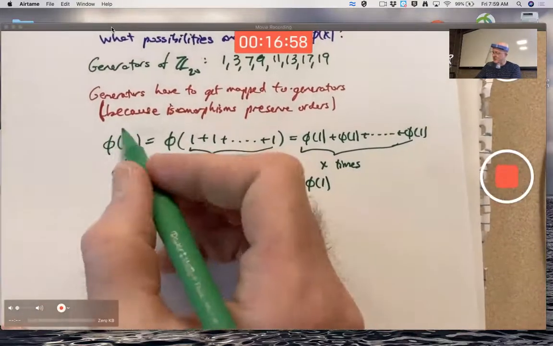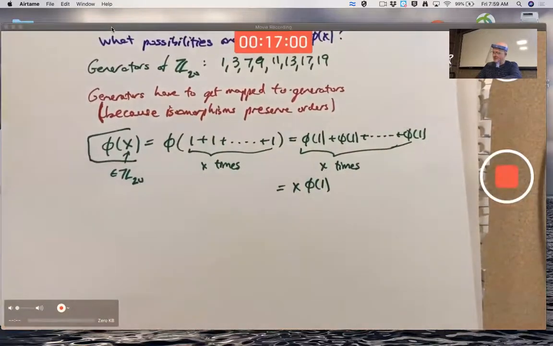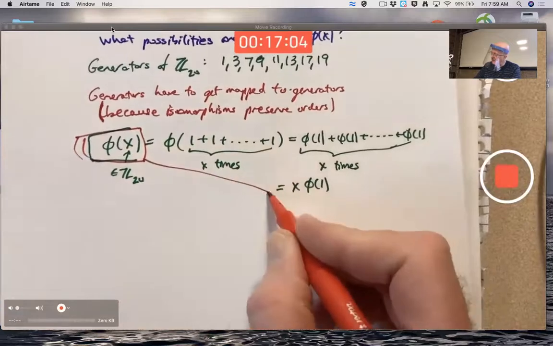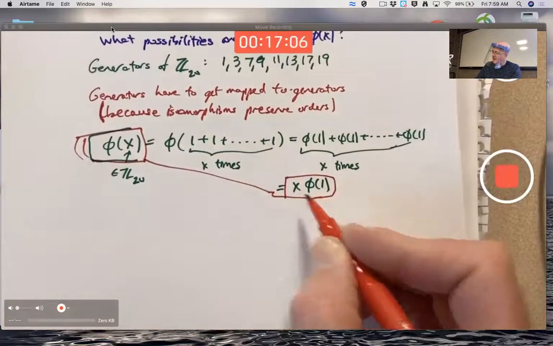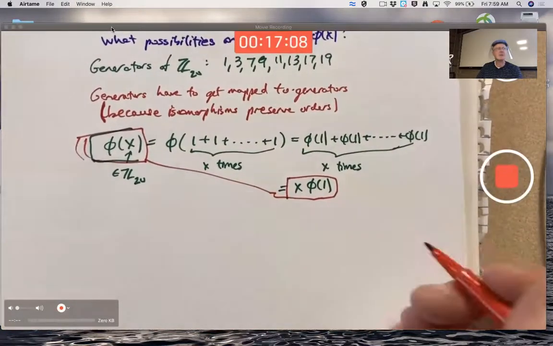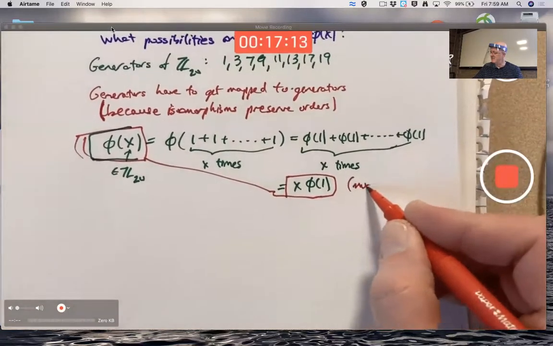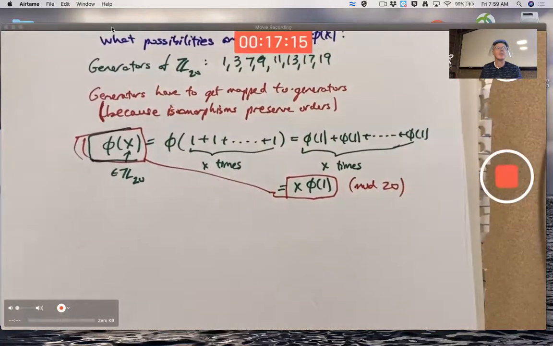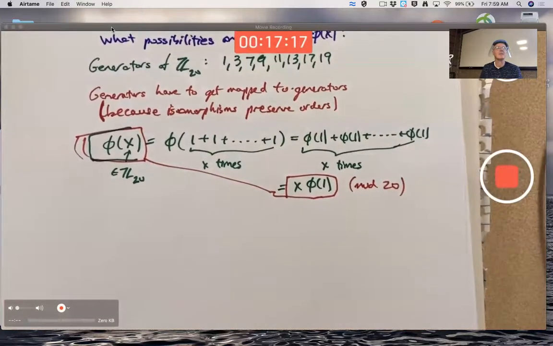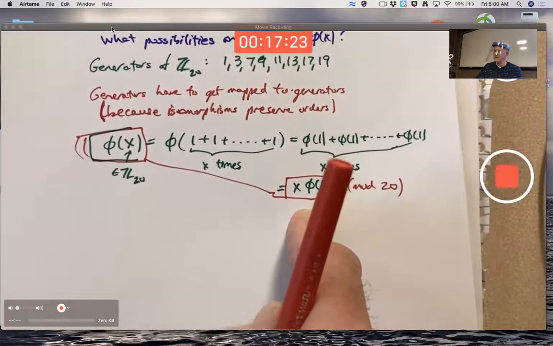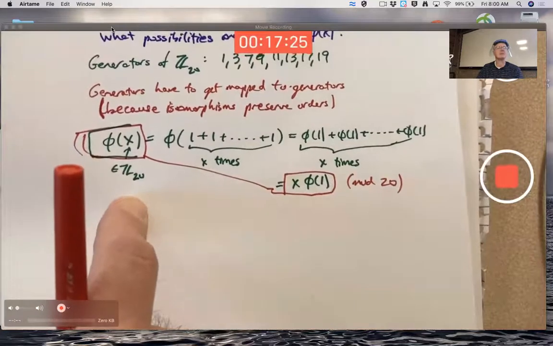This is telling you the formula for phi of x has to be of the form x times something, something times x. Of course, mod 20. So yeah, if I know what phi of 1 is, that completely determines the formula for phi of x.